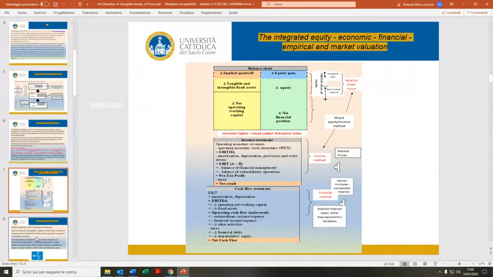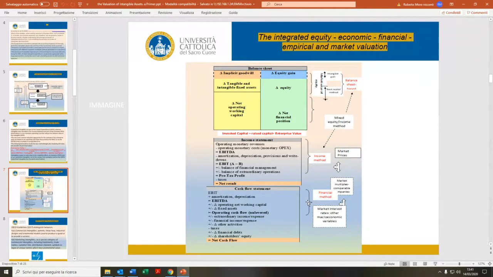Here we have a small but important comprehensive picture that connects the balance sheet, the variations in the balance sheet with the income statement. Matching these variations of the balance sheet, assets and liabilities, with the income statement, I can get the cash flow statement. And I have different methodologies for the valuation of intangibles: the market value starting from the equity, a balance sheet based valuation, an income method with market prices, and financial methodologies taken from the cash flow statement.